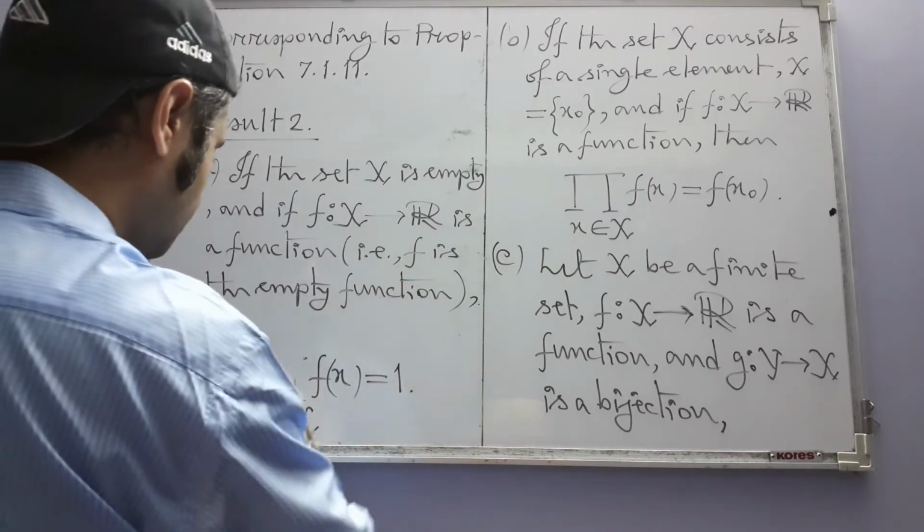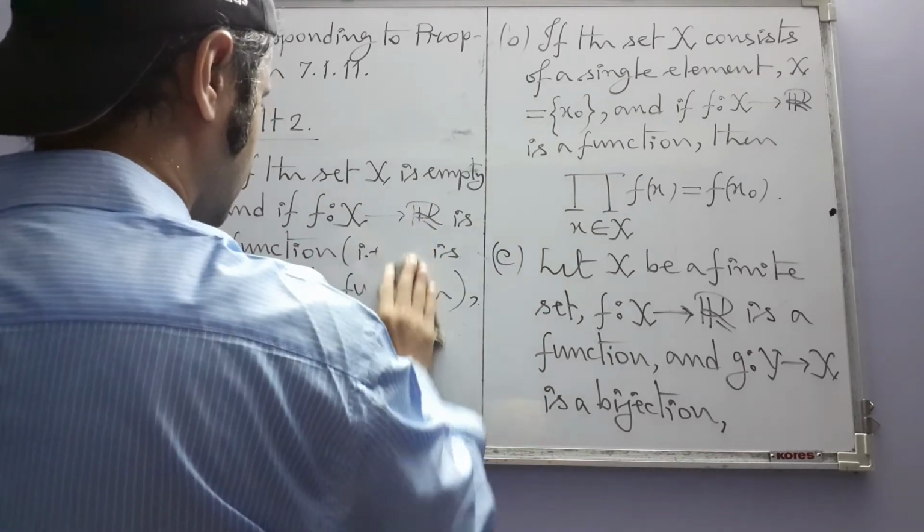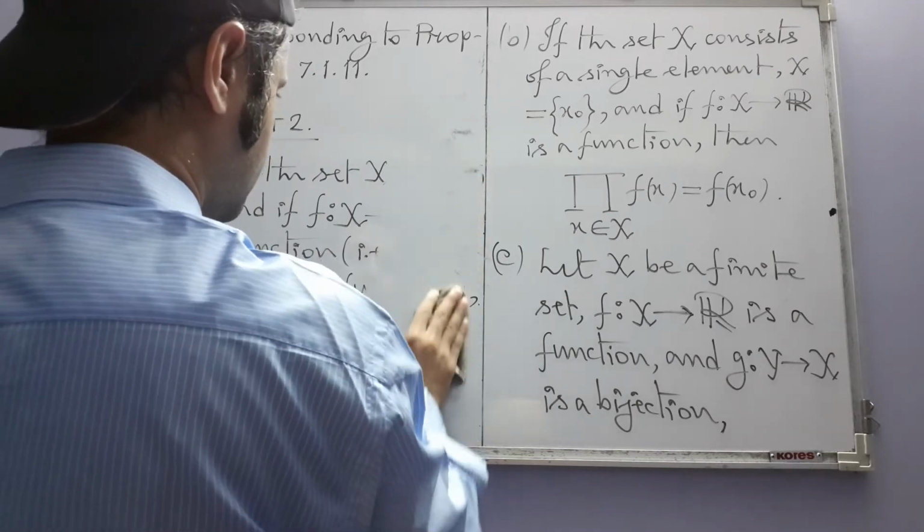In simple terms, Y is finite and has the same number of elements as X.